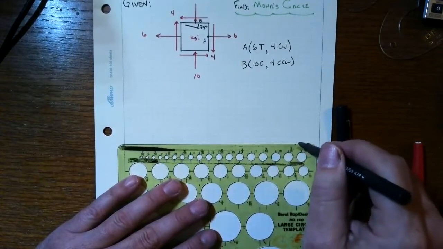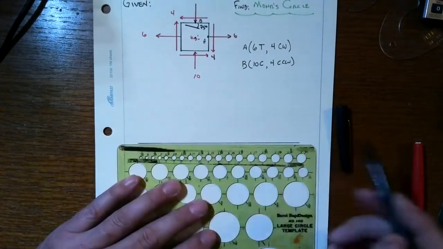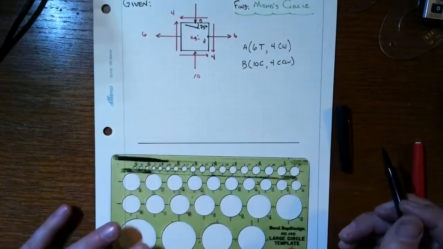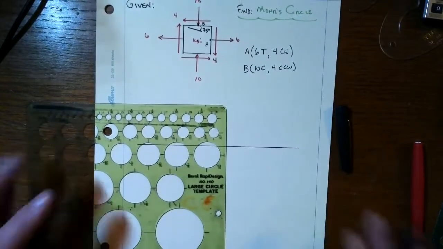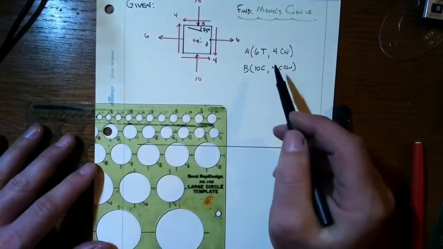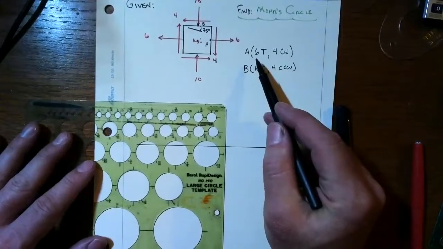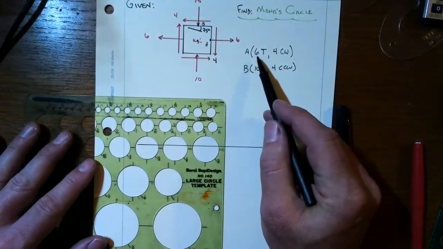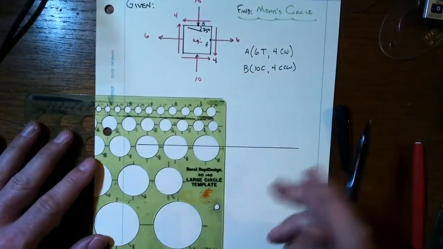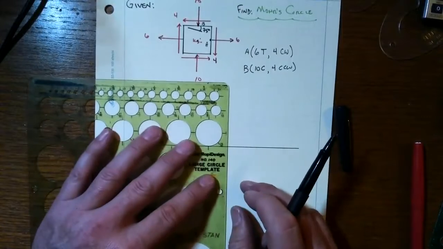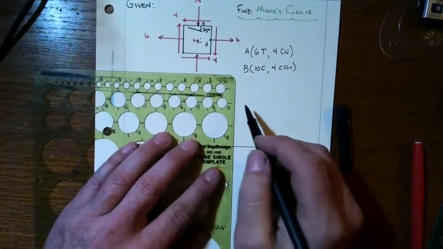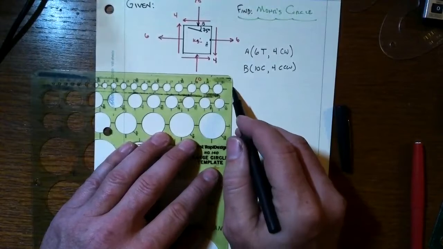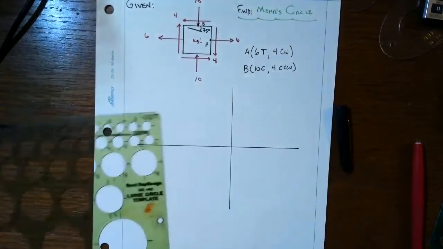And the first couple of times you do these, you're probably going to make some mistakes along the way graphically in terms of the scale of what you want to do or how to fit it on here. I know from a little bit of experience here that 6 is, of course, smaller than the 10 compression, so I'm going to put my vertical axis that represents shear a little bit shifted to the right. That will probably be a good idea to start with.